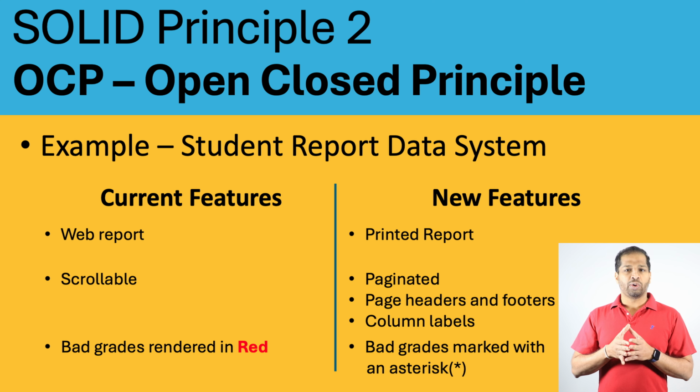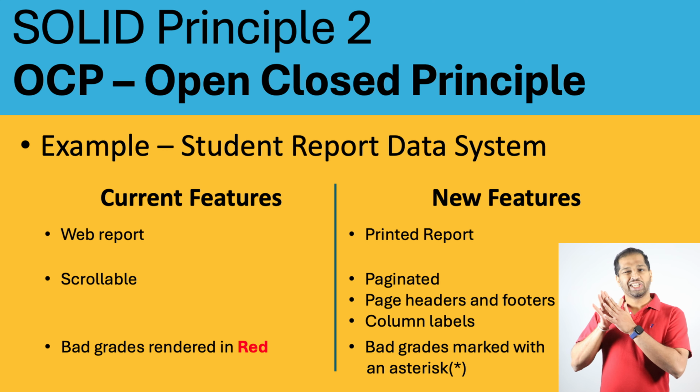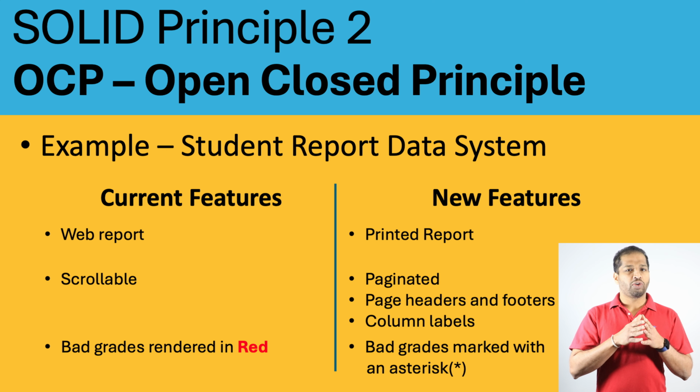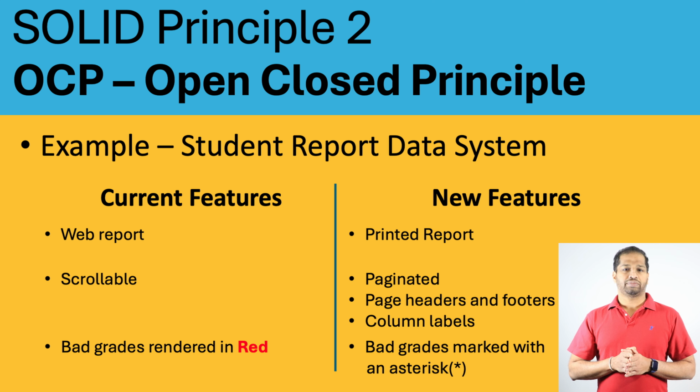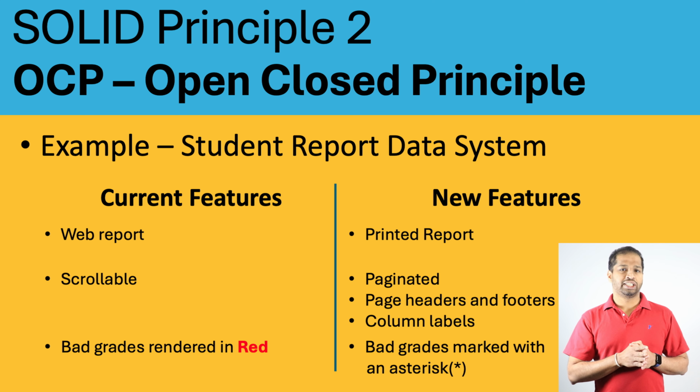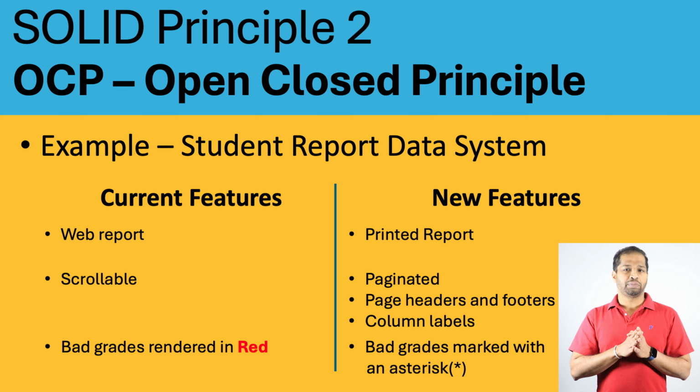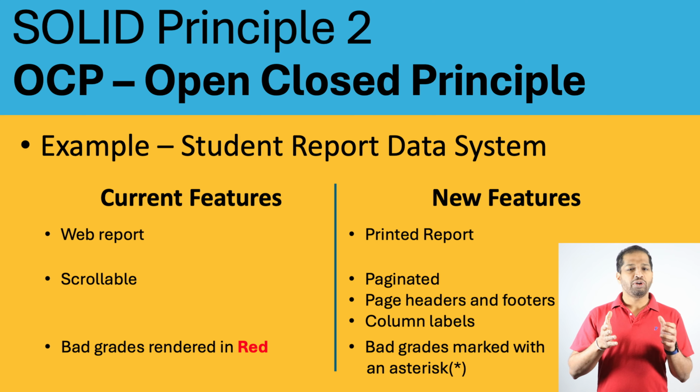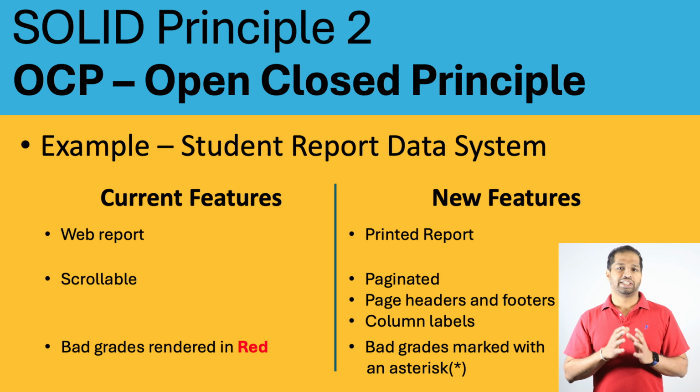Clearly, some new code needs to be written to accommodate this change. But the key question is, how much of the existing code will need to be modified? A good software architecture, one that adheres to the OCP, should minimize the amount of old code that needs to change. So how do we accomplish this?